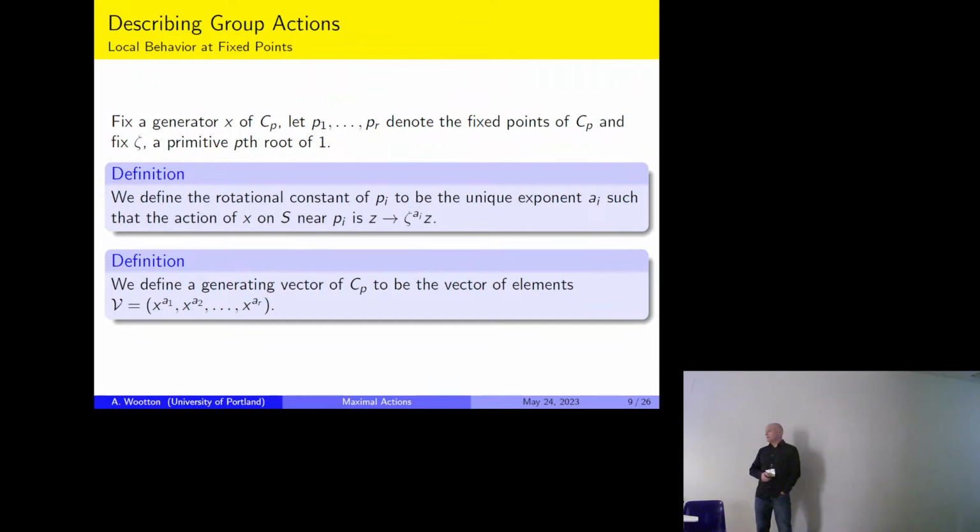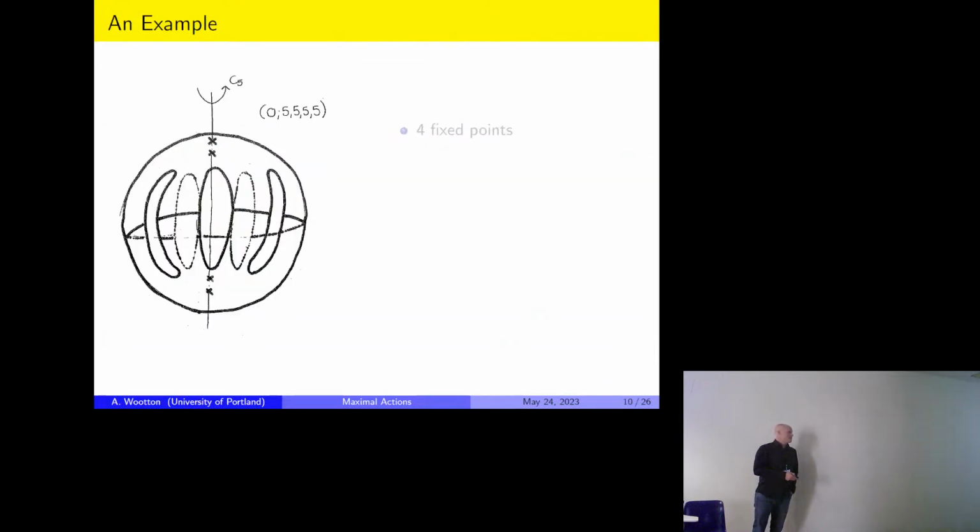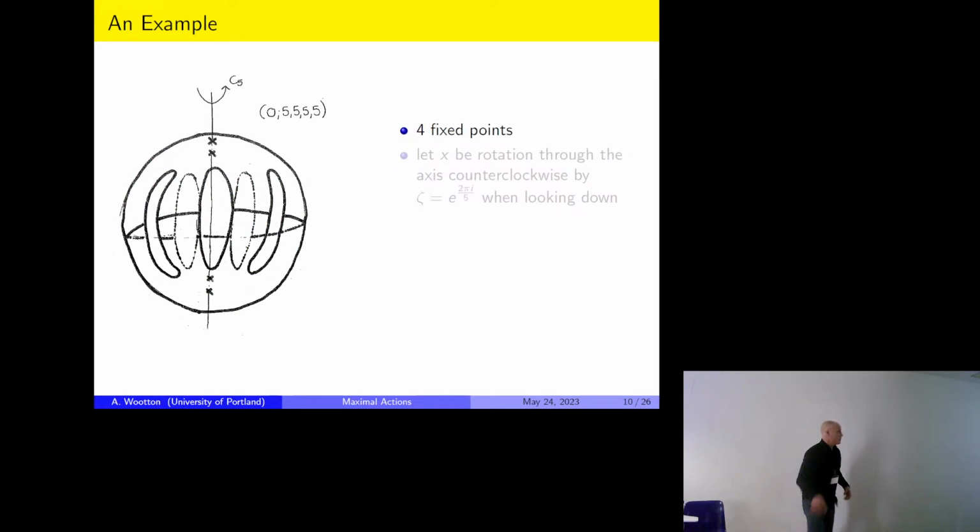But the generating vector is simply this list of powers of the generator of C_p, x, raised to the power given by the rotational constant. It looks more complicated than it is. So again, if I go back to my cheesy example here, we have these 4 fixed points, with my axes going through.